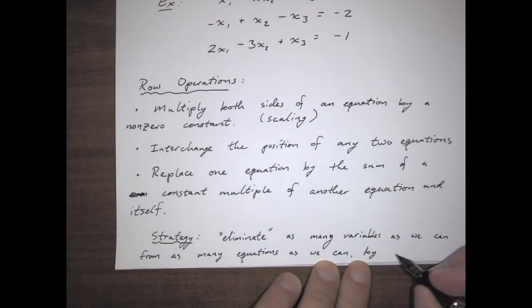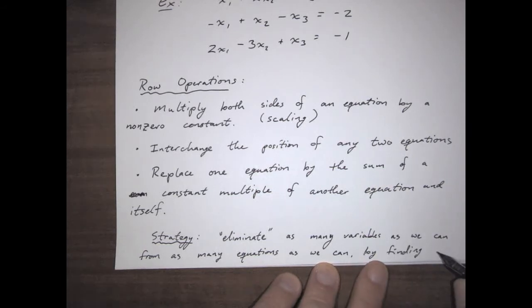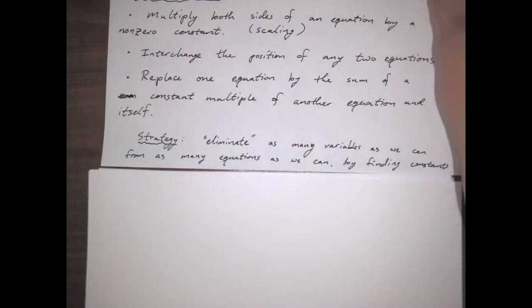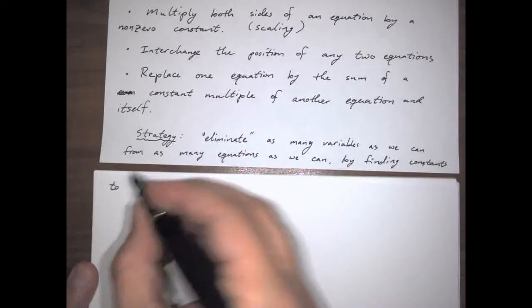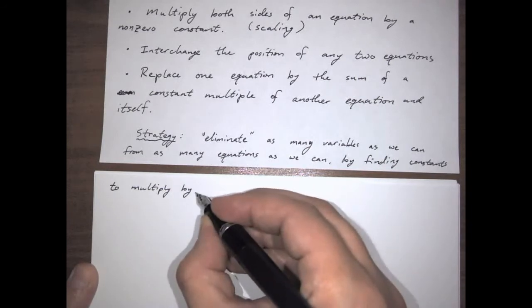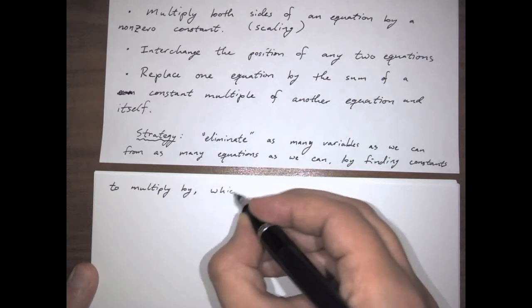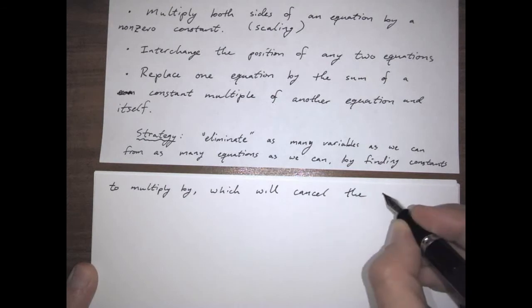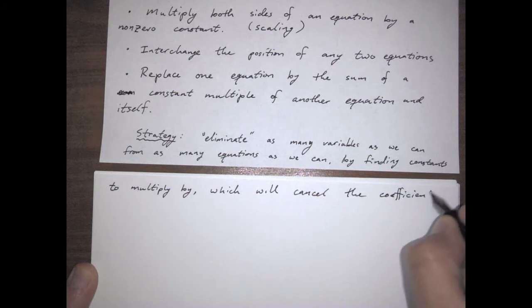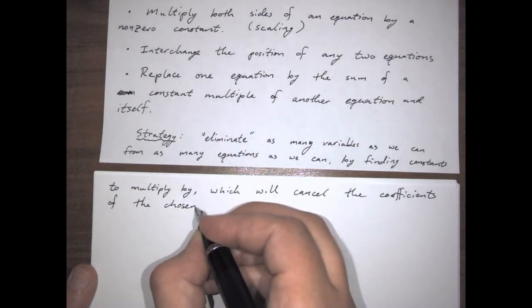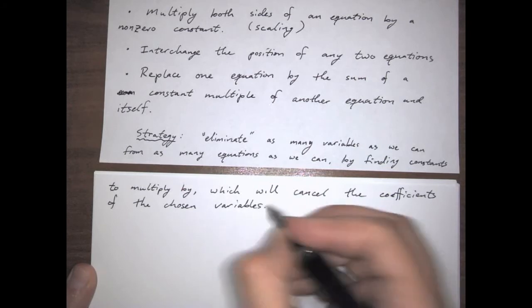And the way we accomplish this is by finding constants to multiply by, which will cancel the coefficients of the chosen variable, or chosen variables, let's say.